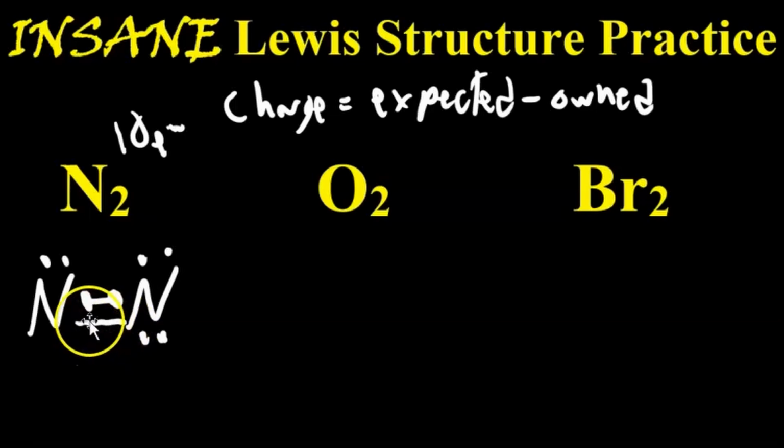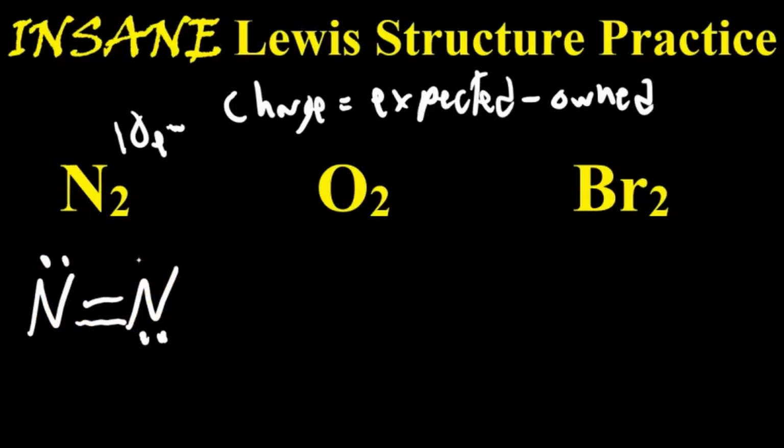So now we have 4 electrons here. Now, this nitrogen, 2, 4, 6, 8, obeys the octet rule, but this one doesn't. This still only has 6 around it. So we didn't change the number of electrons around this nitrogen, but we did around this one. This has 2, 4, so this obeys the octet rule, this one doesn't. So we're going to take these 2 electrons and make a triple bond.